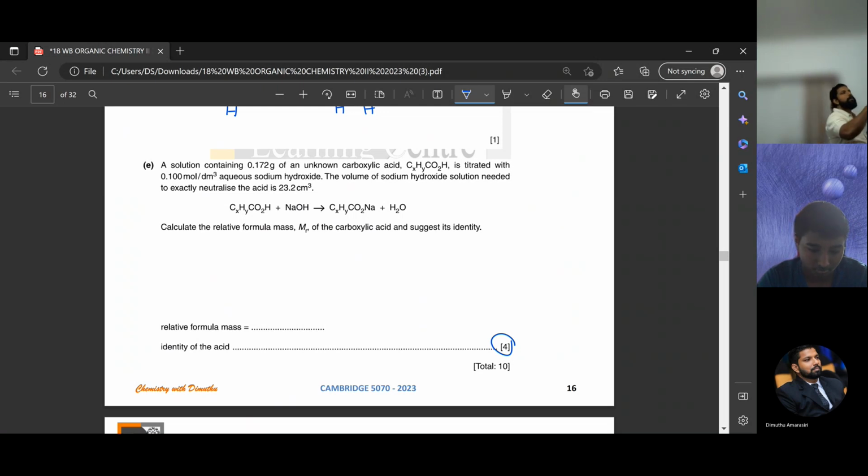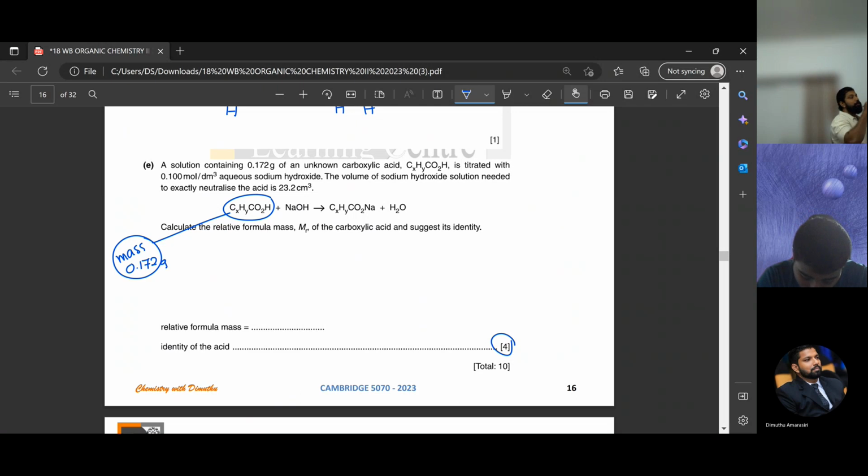This is very easy when you read the information. The mass of the unknown carboxylic acid is given. I have taught you the mind map for doing calculations, right? Mass is known, 0.172 grams.